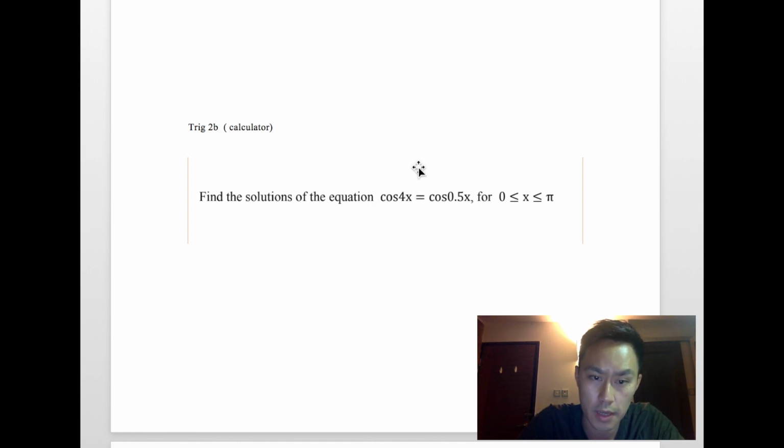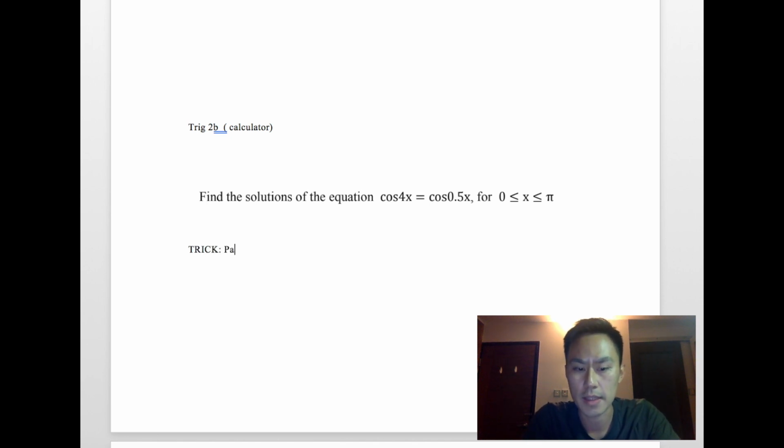Y1 is equal to cosine 4x, and then another equation, cosine 0.5x, and then you find the intersection points. So the trick is, if that is paper 2 and you see this kind of question, you use the graphic calculator. It can be a Texas TI-84, or a Casio model, or another model for your IB exam.